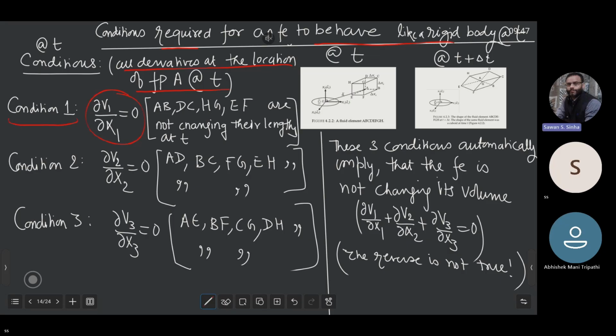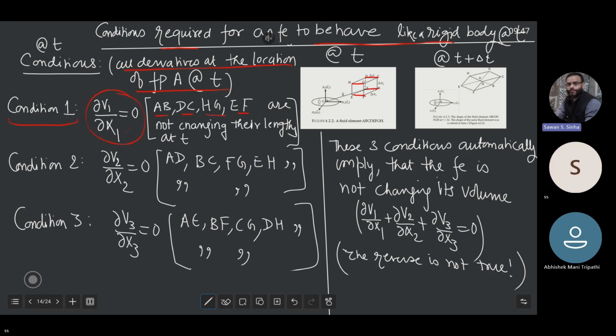Why am I saying this? If this holds good, then these 4 edges are not changing their lengths. Right? If they are changing their lengths, it's not rigid. So this is the first necessary condition, I'm not saying sufficient.